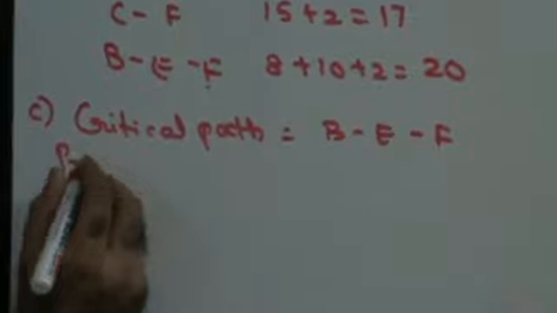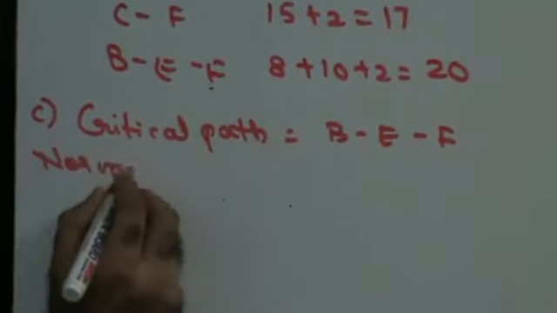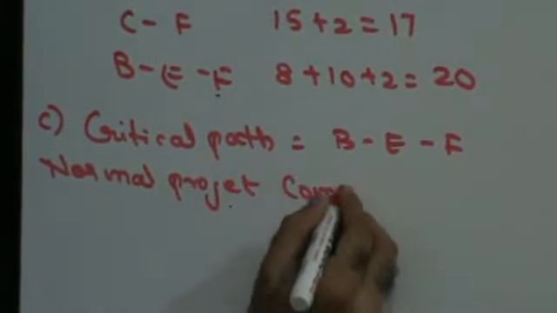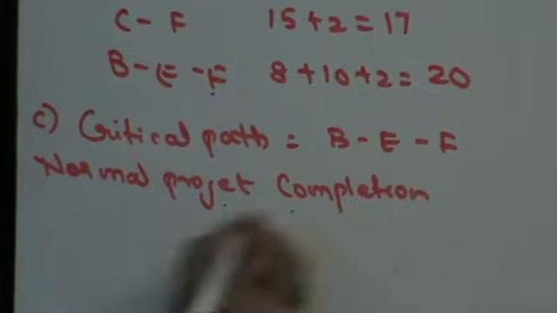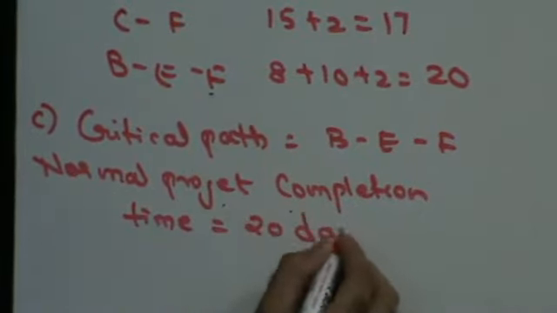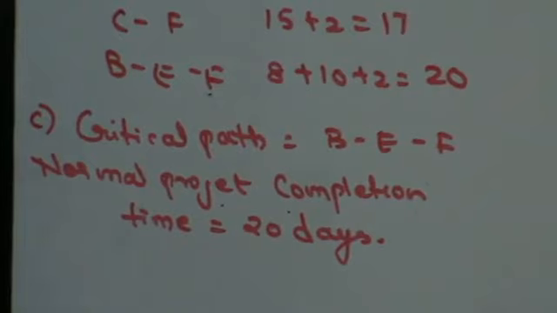My normal project completion time is going to be 20 days, right? Now, in this problem, only the crashing cost per day is given to you.